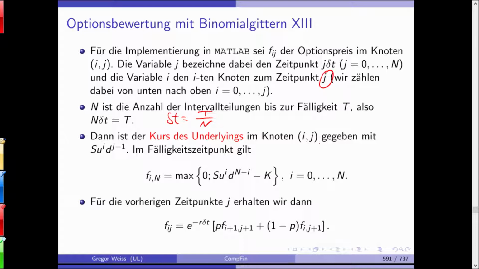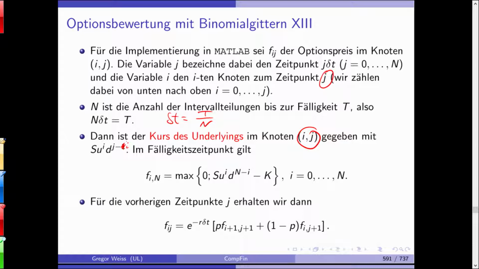Then the underlying price in this node ij is given by initial price, you go up i times, and you go down j minus i times. This here is, I think, a slight typo. I think you have to correct this here.